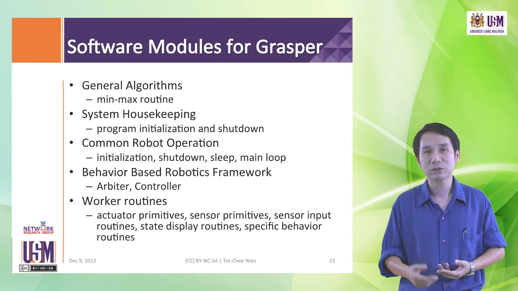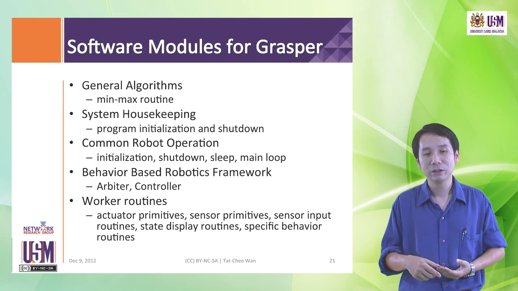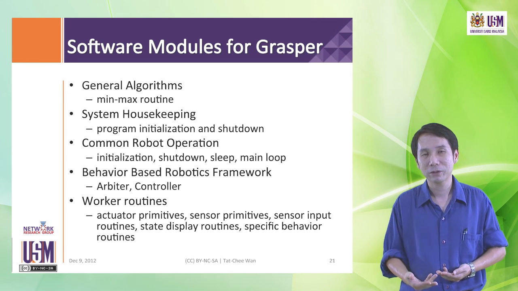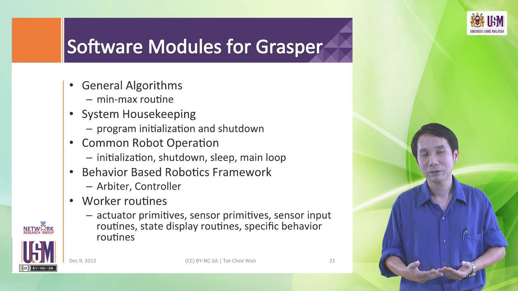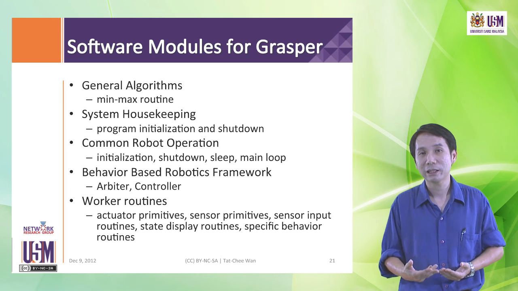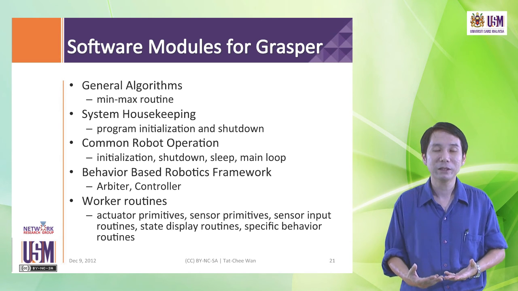The sensor primitives read from the various sensors and return the values in the appropriate variables. Sensor input routines determine, for example, for the line follower, what is the line type. State display routines let us debug the state of the robot by displaying a string onto the LCD screen, as well as specific behavior routines to implement the various behaviors in the Grasper robot.